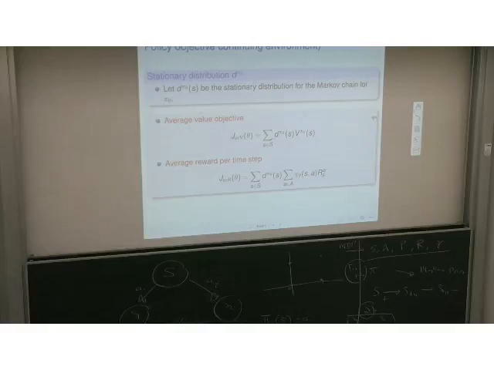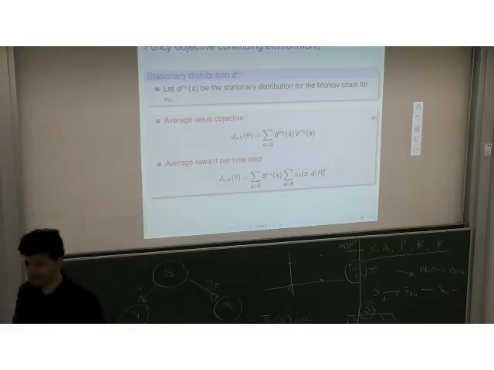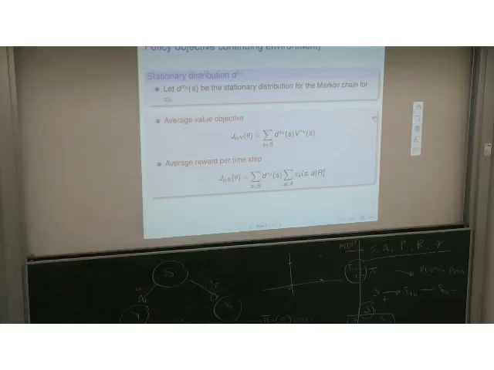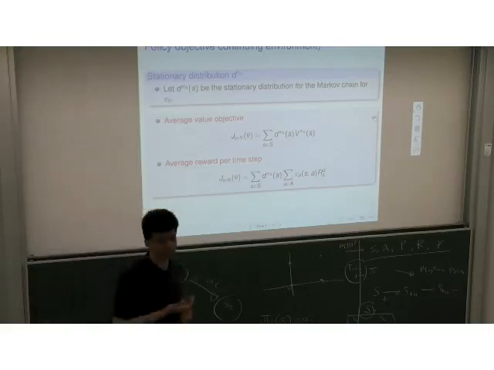There is an obvious formula for it. If you understand the stationary distribution, then the formula for J is clear. And the other thing is, what if I want the maximum value in each step? On average, get the best value. That's the other kind of thing you could optimize.